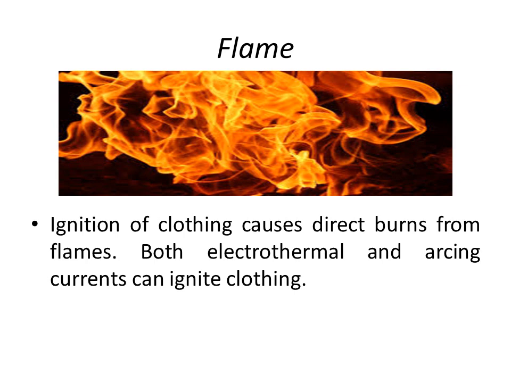Whenever this ignition occurs, especially of the clothing, the person gets a flame burn. This flame burn is identical with the dry heat burn that we have already discussed in our previous class on burn injury. Both electrothermal and arcing currents can ignite the clothing.